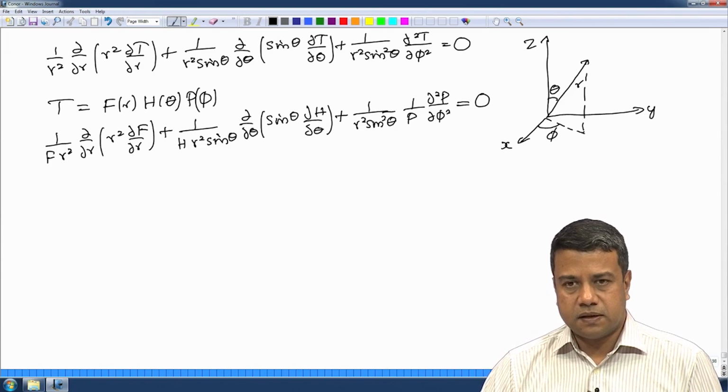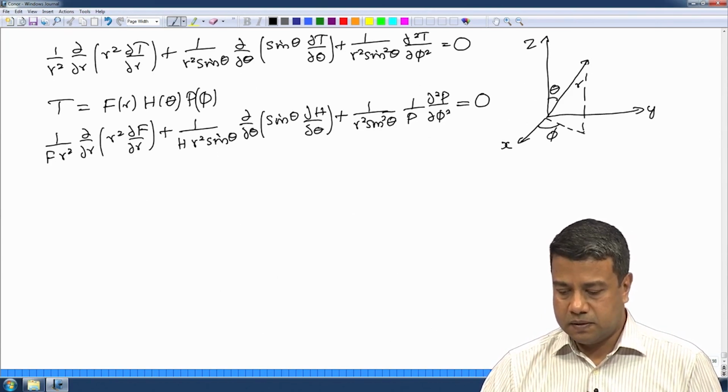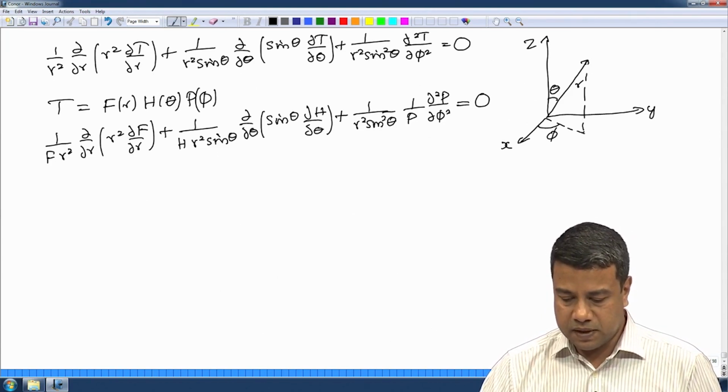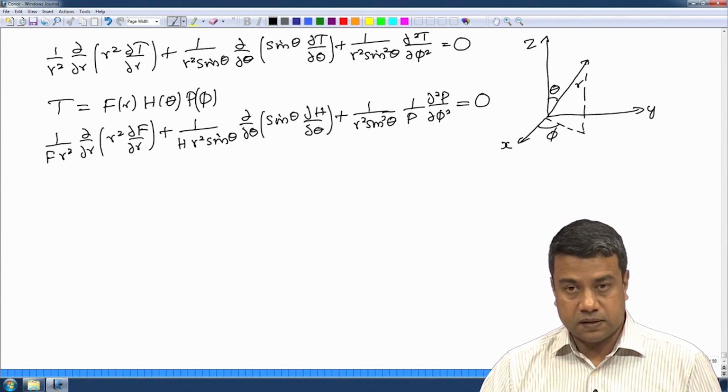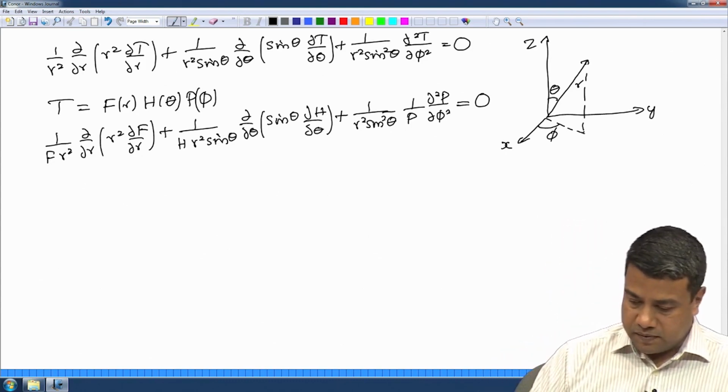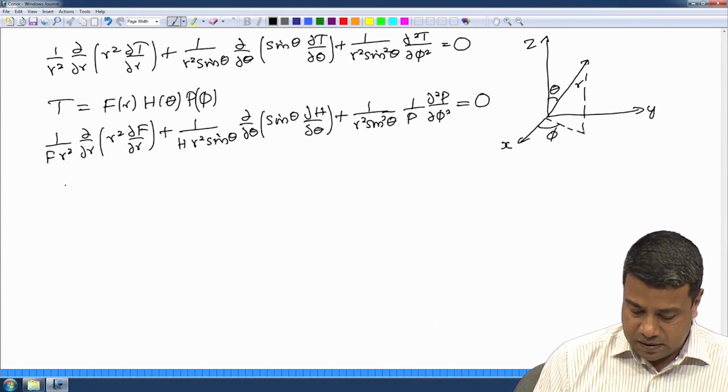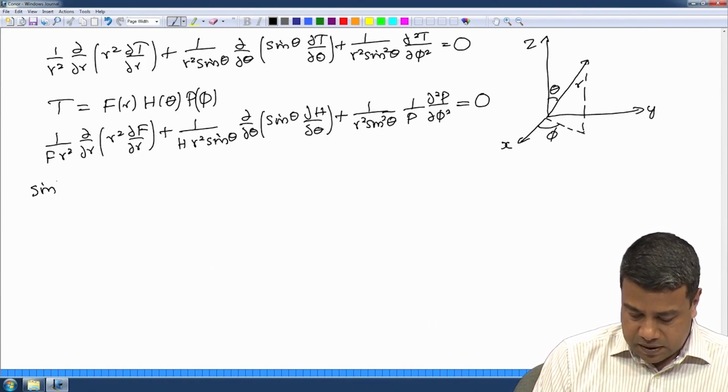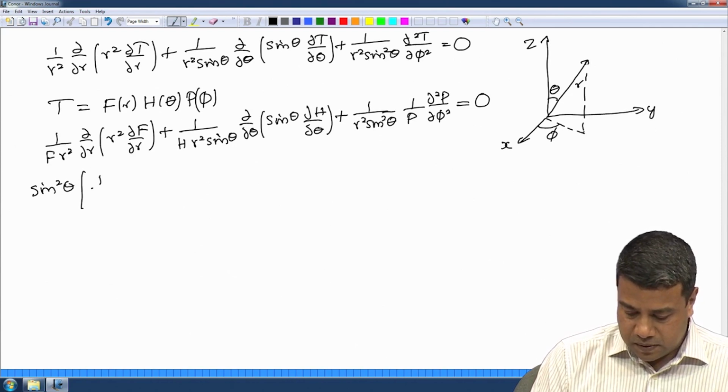Now, this is still not in a variable separable form. So, what I can do is multiply throughout by r square sin square theta. If I multiply throughout by r square sin square theta, here I will get sin square theta into 1 over f.